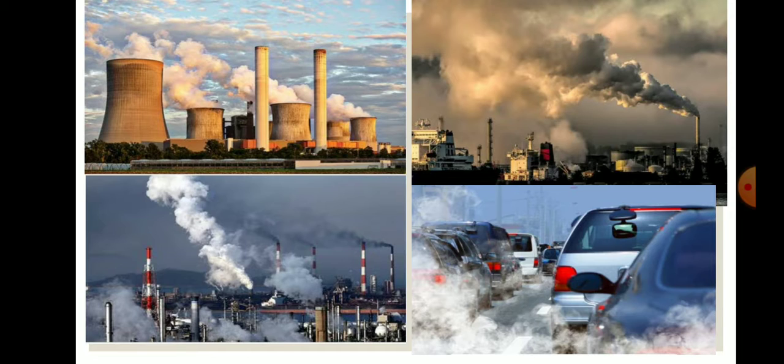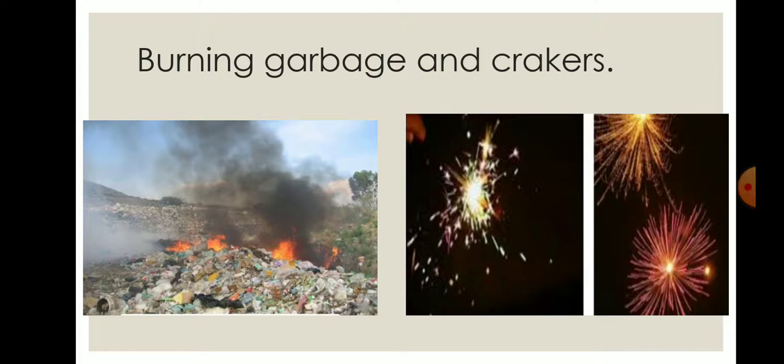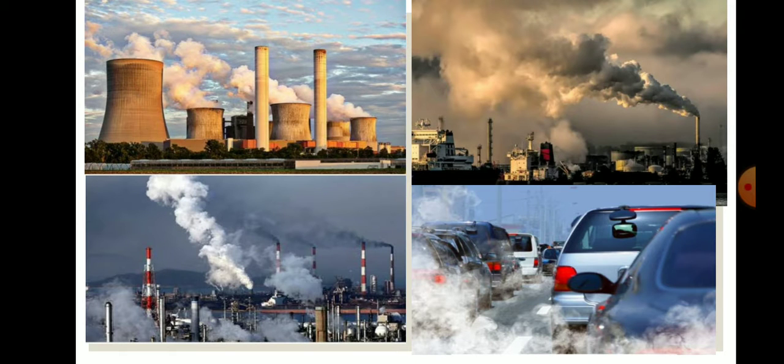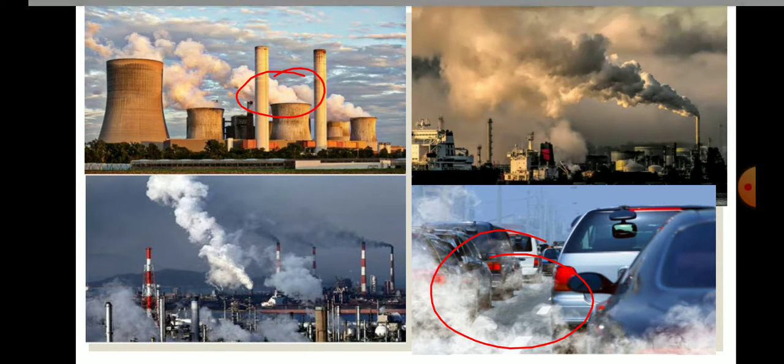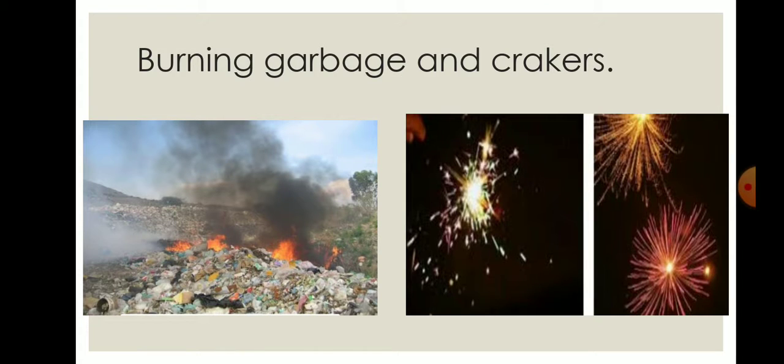Now students, you can see that there are so many sources of pollution. For the burning of garbage and crackers, it is not that it is out of your control. You can't control the pollution from industries and automobiles, but the burning of garbage or the crackers that you burn in your festivals is in your hand.